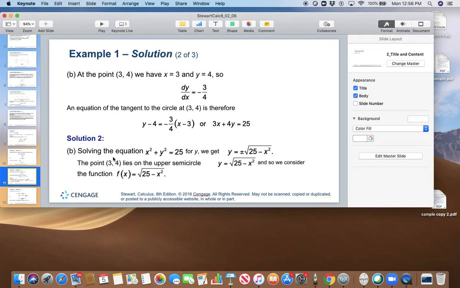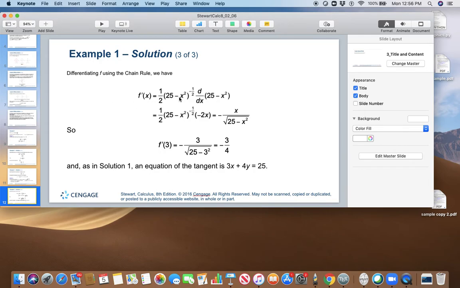Another way of doing this is to solve for y. You actually get something plus or minus. (3, 4), both positive, so you are in the upper semicircle. So you are taking the positive root. In other words, your function is the square root of 25 minus x squared. Take its derivative. It's a bit of work.